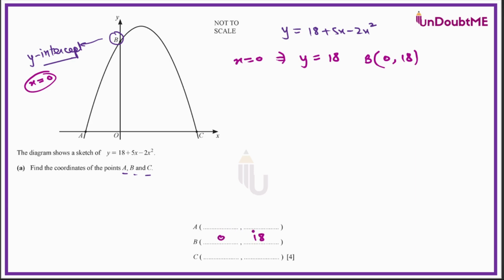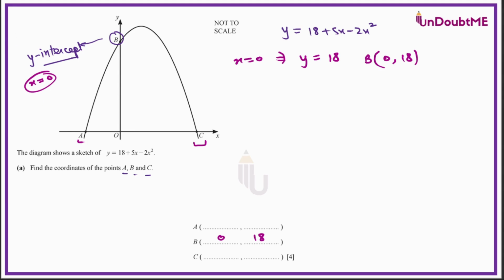One part is done. Now let's think upon how to get A and C. Now looking at the quadratic, we will first give it a try that if it is possible we will factorize it. From factors we can get A and C because A and C are the roots. Okay, roots, so we can also call them as x-intercept.